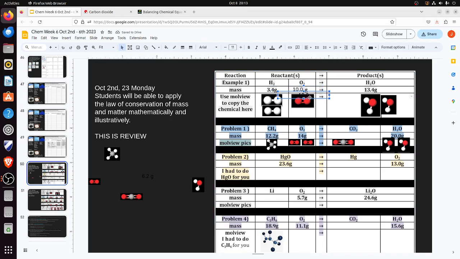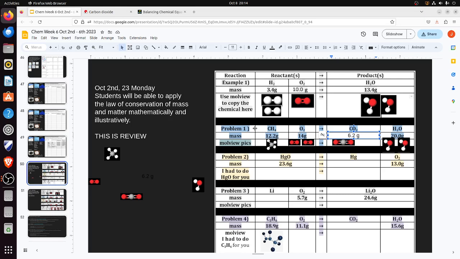Oh, that's funny, I forgot I had already made a box for this over here. But regardless, it's 6.2 grams. So now we have 26.2 on the right and 26.2 on the left. And we are showing the law of conservation of mass and the law of conservation of matter, which are actually the same thing, being fulfilled.